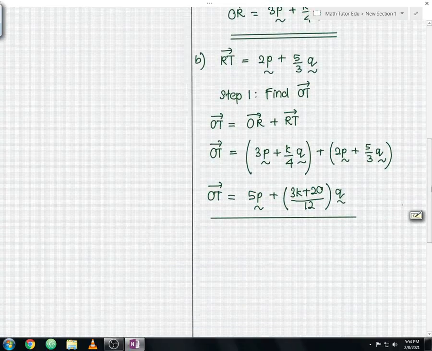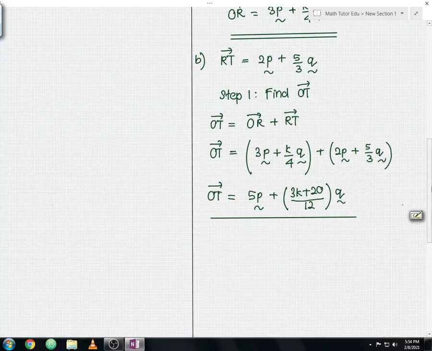So from here, we're going to form a relation between vector OR and vector OT. Let me write down the working here.